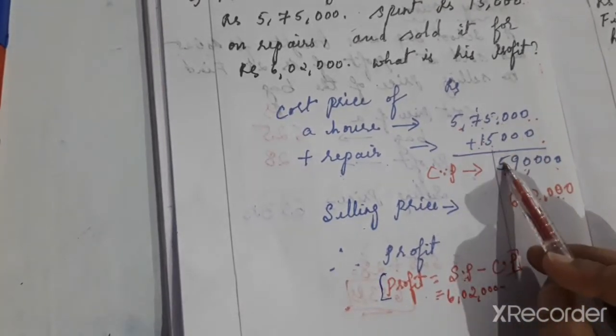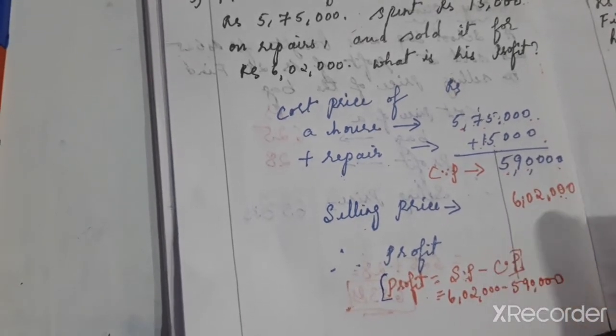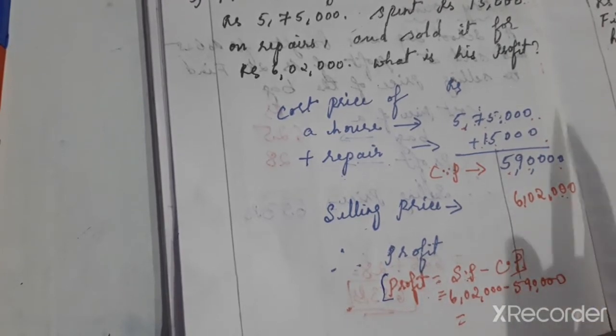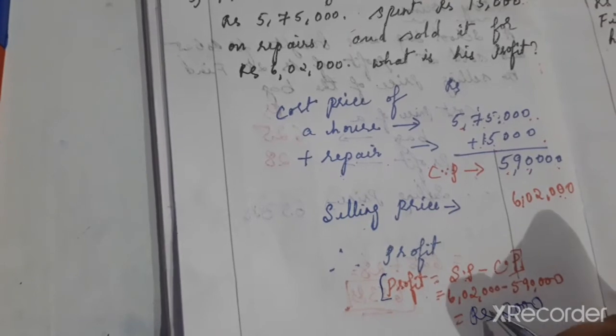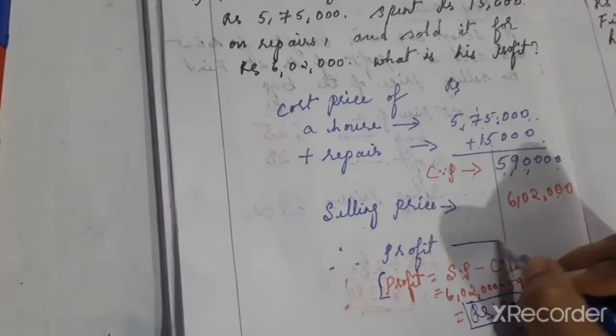We have to mention 5,90,000. So 6,02,000 minus 5,90,000 rupees, 12,000 is the answer. So what is the profit? 12,000.